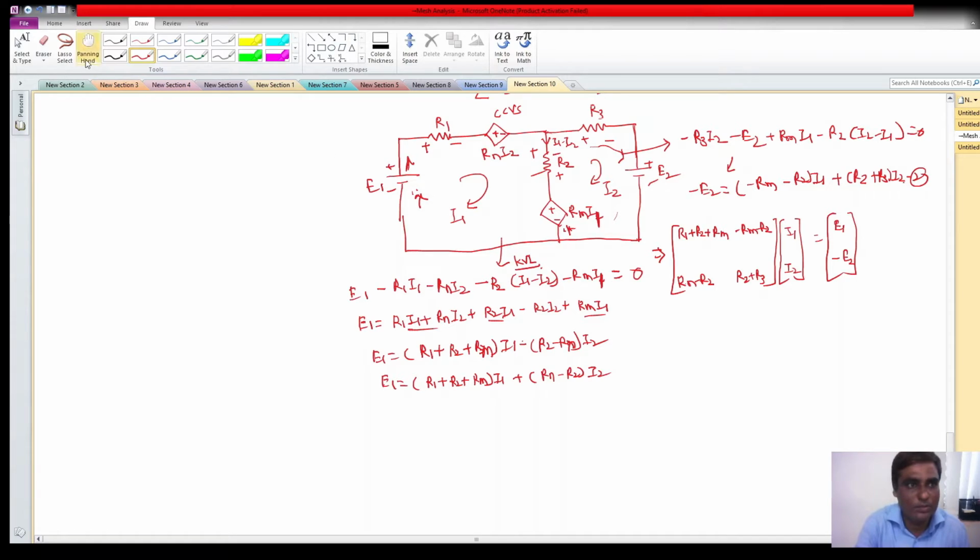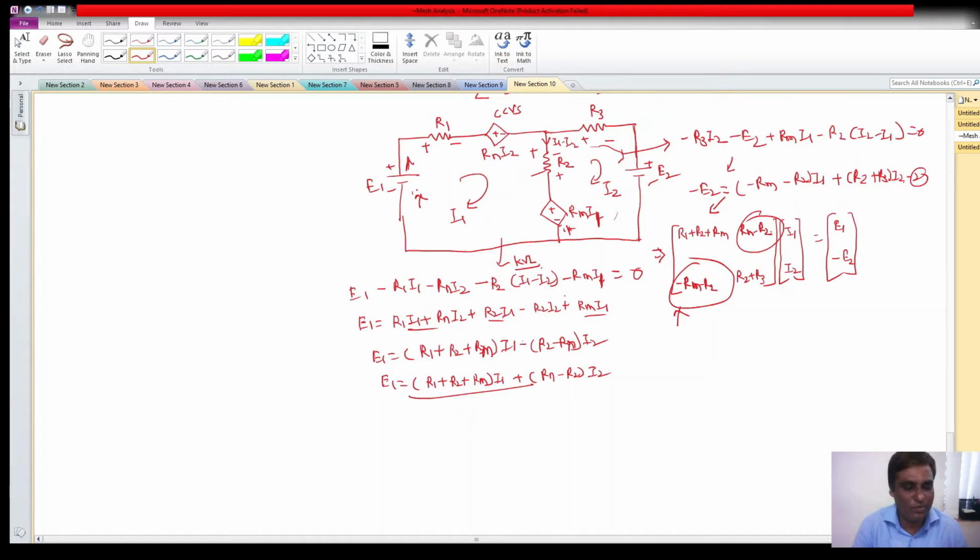I'm sorry, first let us solve this equation. You can see that this matrix is not at all symmetric.